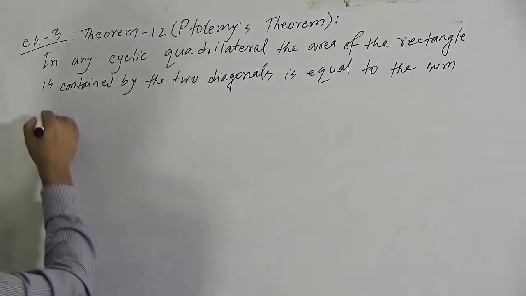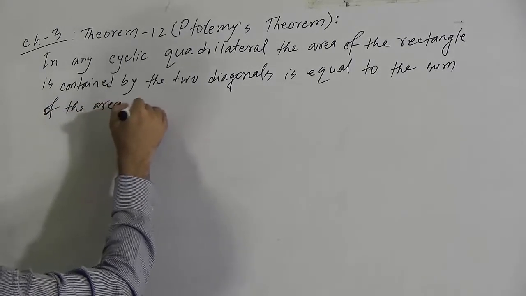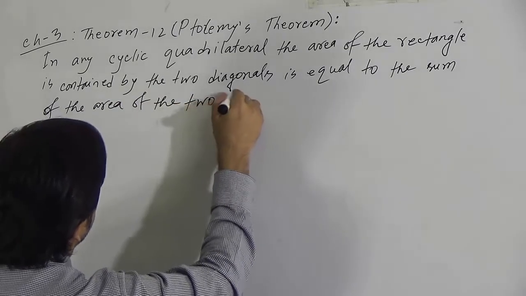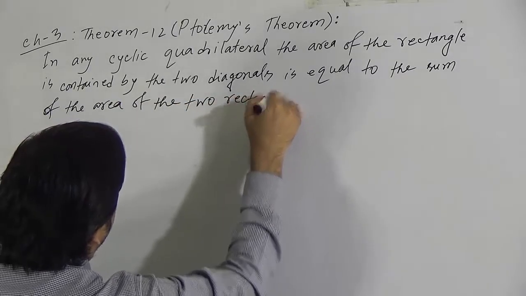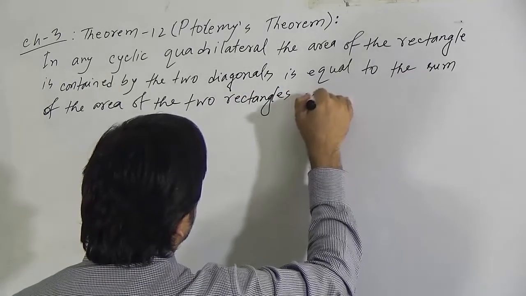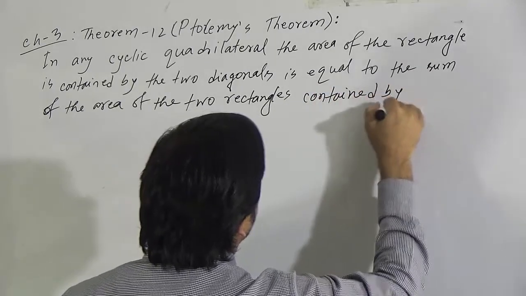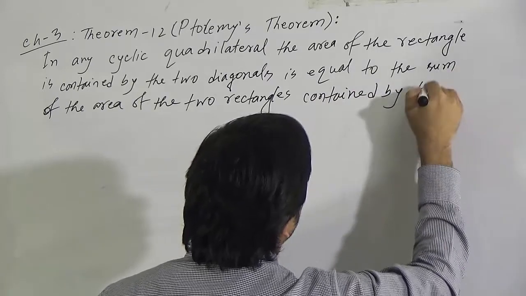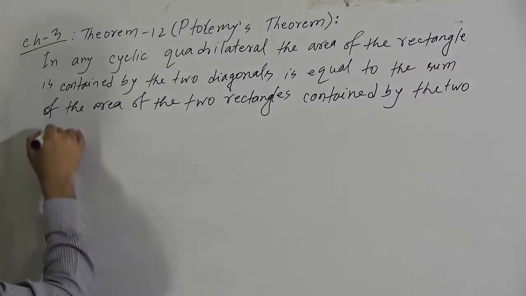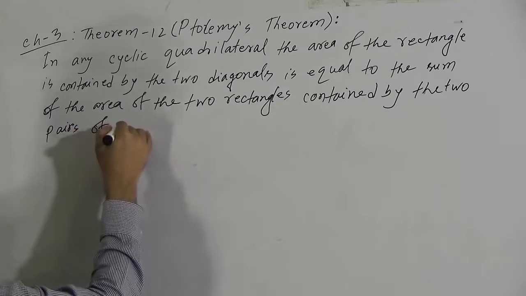the sum of the area of the two rectangles contained by the two pairs of opposite sides.